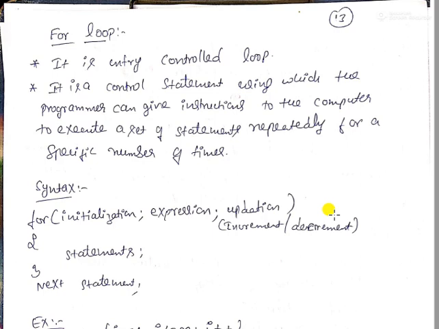This looping statement is also used to execute the statements repeated number of times until the specified condition becomes false. Compared to while and do while, why are we going to use the for loop? In while and do while we can't execute the statements a fixed number of times.